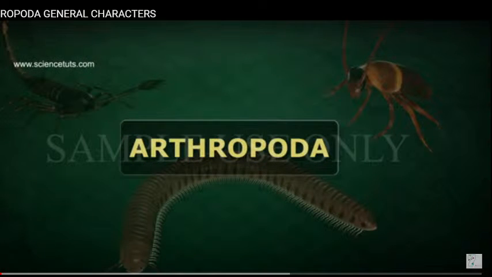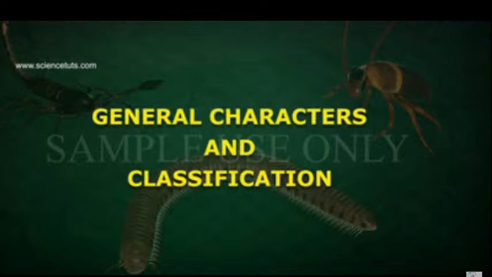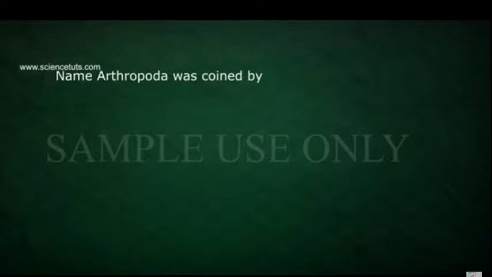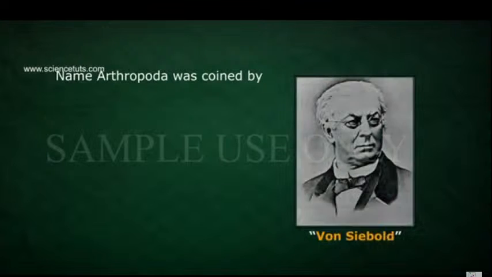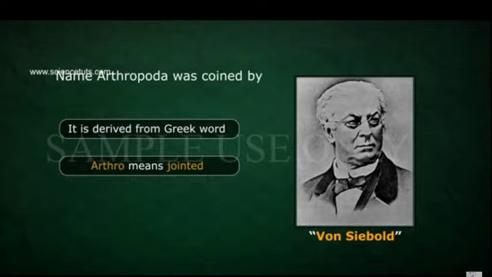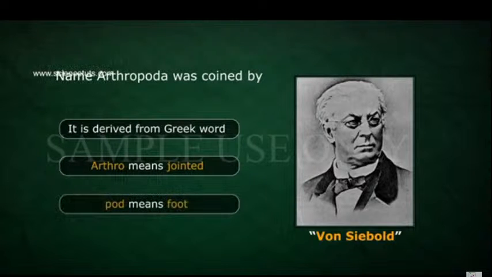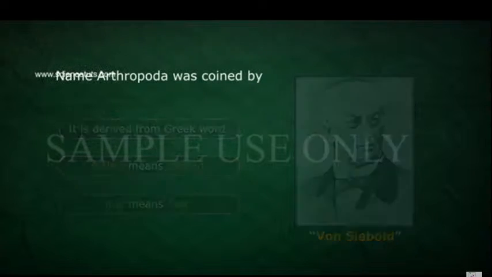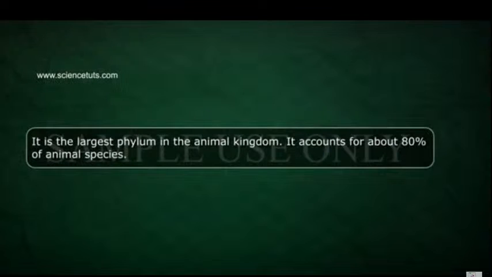Arthropoda: general characters and classification. The name Arthropoda was coined by von Siebold. It is derived from the Greek words arthro, meaning joint, and pod, meaning foot. It is the largest phylum in the animal kingdom, accounting for about 80% of animal species.